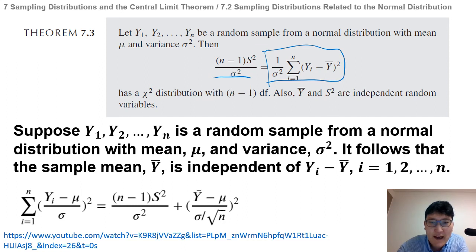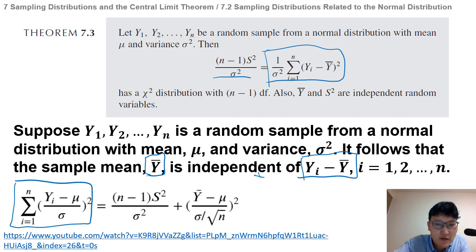Suppose y1 to yn is a random sample from a normal distribution with mean mu and variance sigma square, and the next thing we need to prove is that y bar is independent of yi minus y bar. This is the first thing to prove. If you prove this thing, then you represent this term with the sum of these two terms.